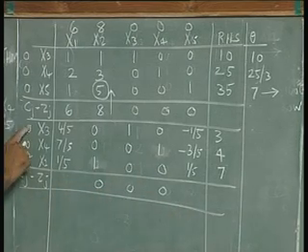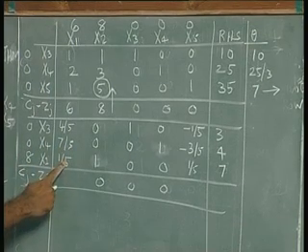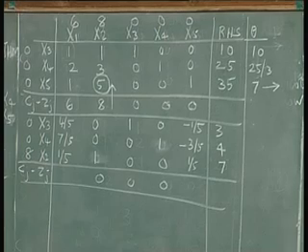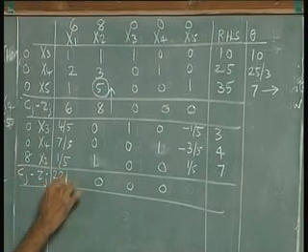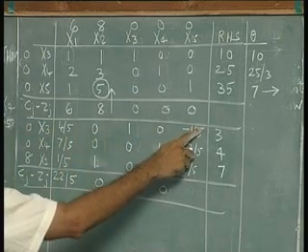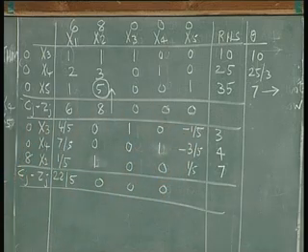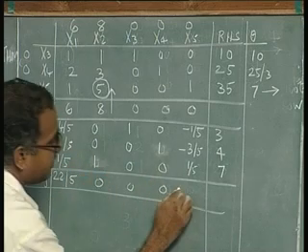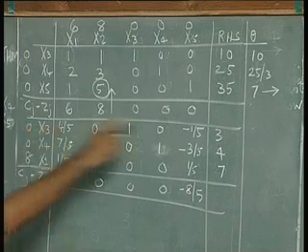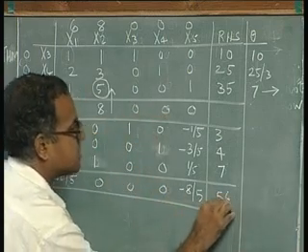Now this is 0 into 4 by 5 plus 0 into 7 by 5 plus 8 into 1 by 5 is 8 by 5, 6 minus 8 by 5 is 30 minus 8, 22 by 5. Now this is 0 into minus 1 by 5 plus 0 into minus 3 by 5 plus 8 into 1 by 5 is 8 by 5, 0 minus 8 by 5 is minus 8 by 5. 0 into 3 plus 0 into 4 plus 8 into 7 is 56.